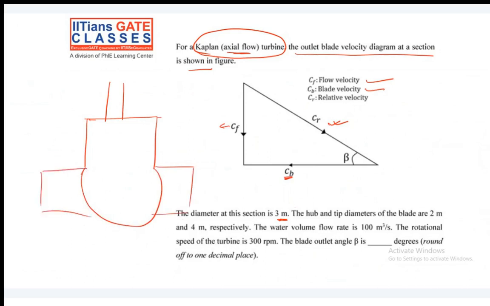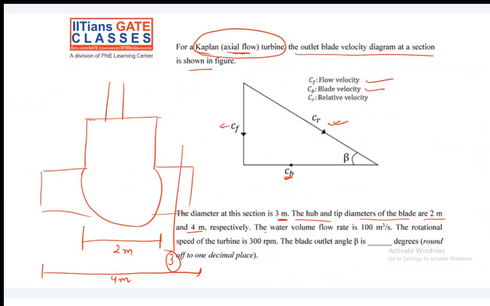So this is the diameter at the section, which is 3 meter. The hub and tip diameters of the blade are 2 meter and 4 meter. That means this is hub diameter Dh, which is 2 meter, and this is given as 4 meter.